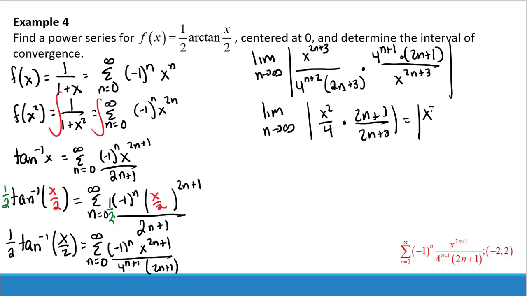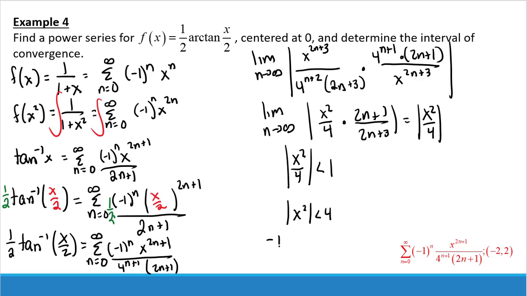Okay, so now, whew, heavy sigh, because this is a hefty problem. This has to be less than 1. So the absolute value of x squared has to be less than 4. And I'm not in love with this algebra that I do here. I would yell at my Algebra 2 kids for doing this.